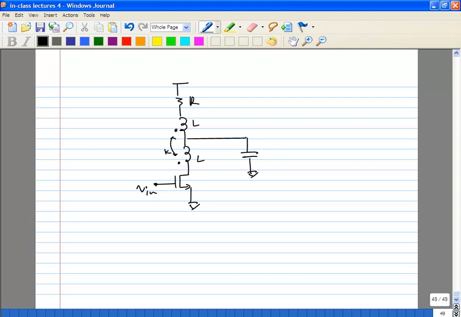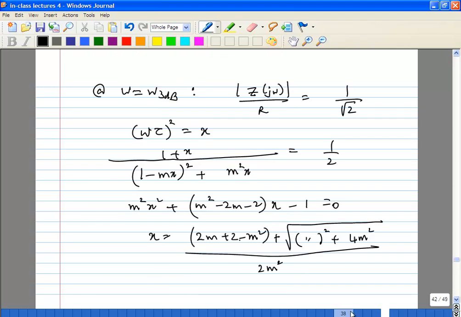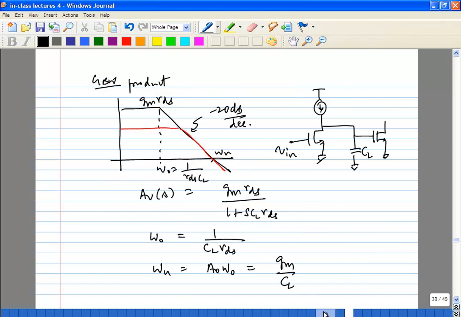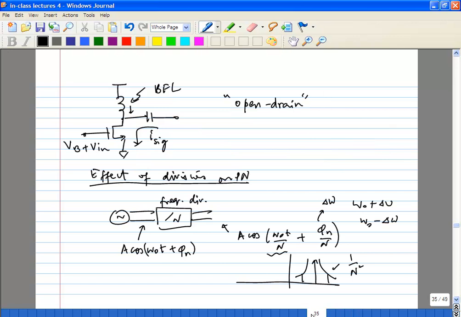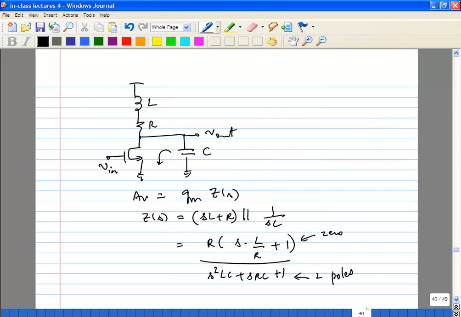Also, what is very common in many of these circuits, if we go back to the shunt, what you can also do is add a bridging capacitor.